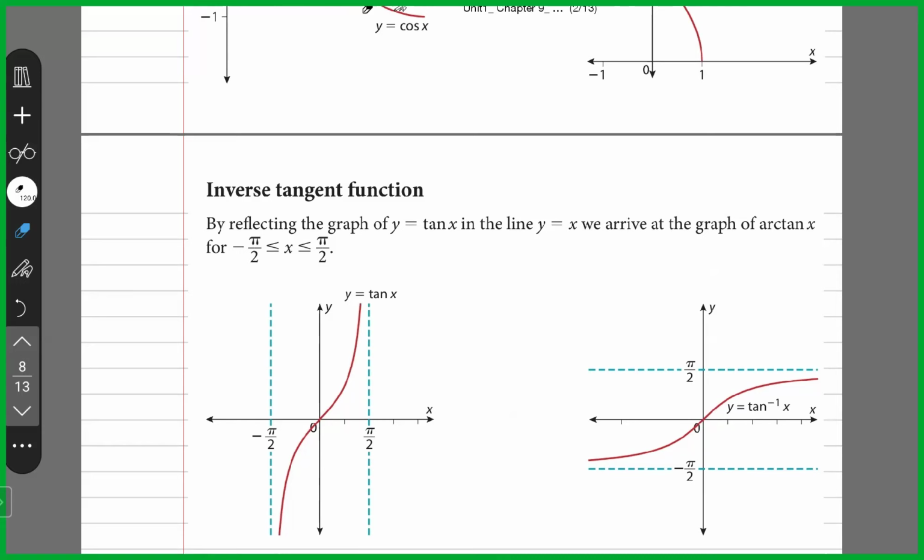The range is -infinity to +infinity. The domain for y is equal to tan inverse x is -infinity to +infinity. And the range is minus pi by 2 to positive pi by 2. Again, your general knowledge of relations and functions apply.